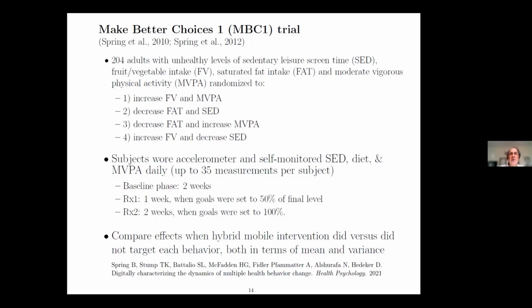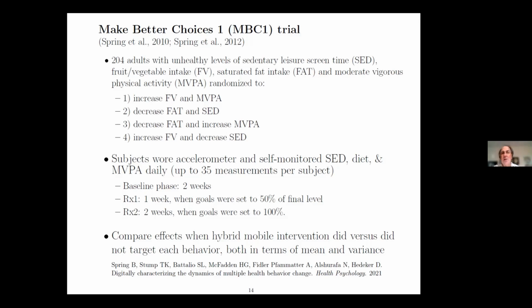In one arm, they were encouraged to increase their fruit and vegetable intake and also their physical activity. In a second arm, they were encouraged to decrease their fat and decrease their sedentary behavior. The third arm was kind of a mix: decrease fat, but increase physical activity.